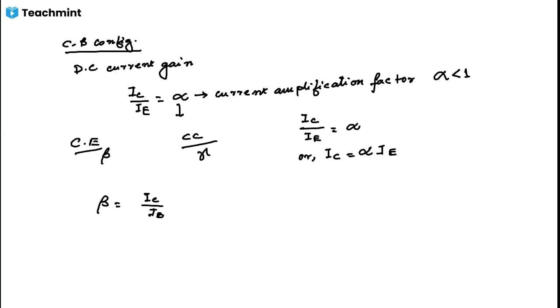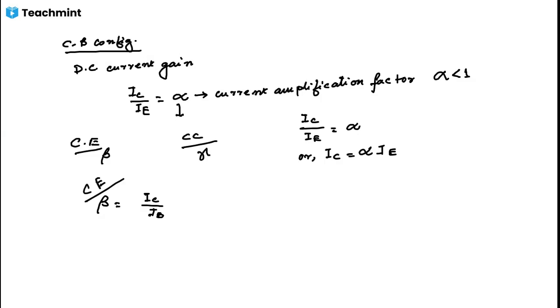What? Anybody? For CB configuration, IC by IE is equal to alpha, and for CE configuration, beta equals IC by IB.